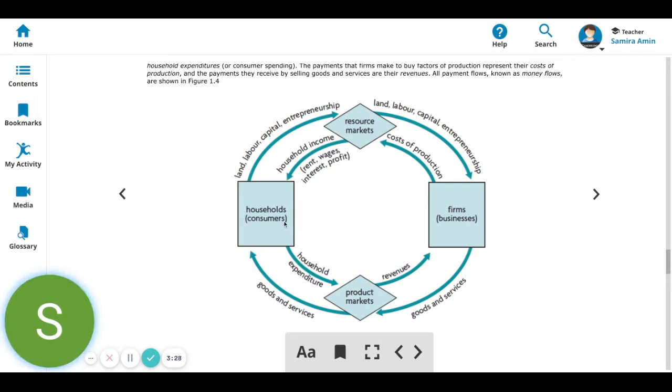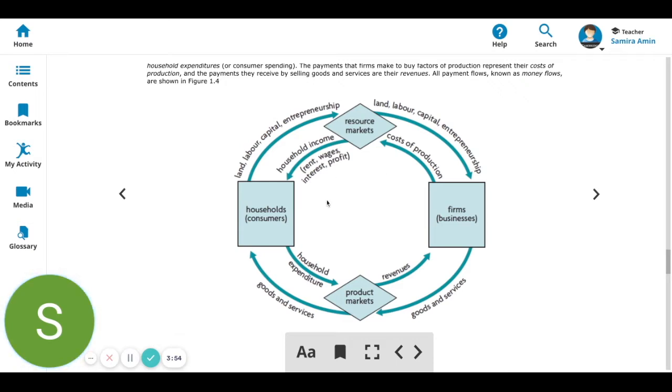In return, households spend that money, and this household expenditure is very important to the economy. This is extremely vital. And then the selling that the firms do in the product markets, they receive sales revenue from that, and that sales revenue is what the firms then use to buy the factors of production in turn.